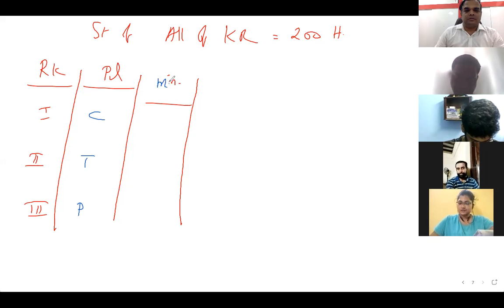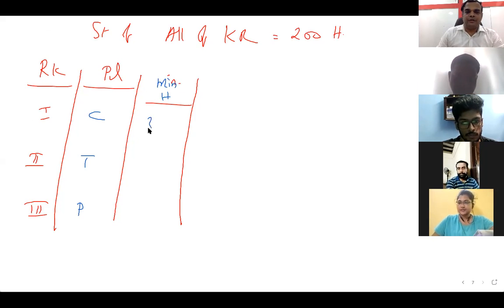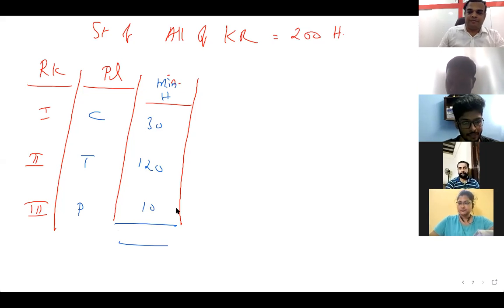What about the minimum hectares you have to display for coffee? 30. Tea 120, and pepper 10. Total how many hectares you have to utilize? 30 plus 120 plus 10 comes to 160.